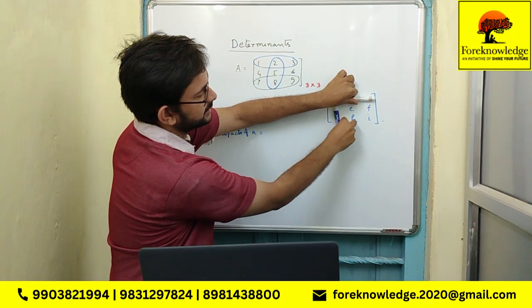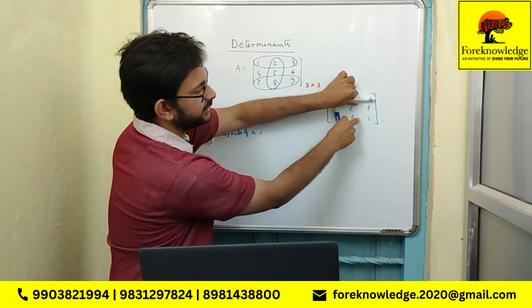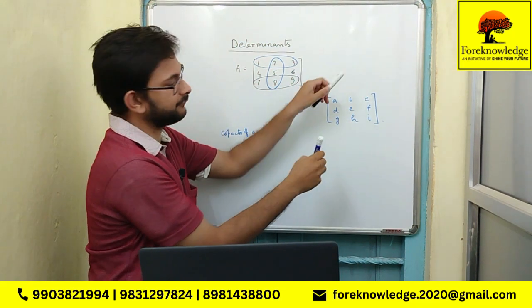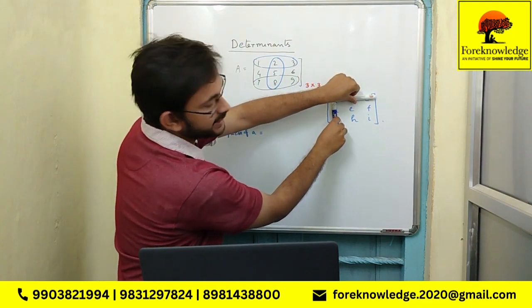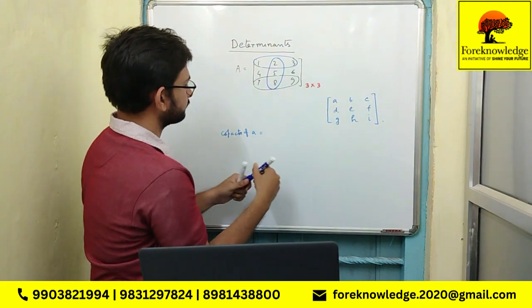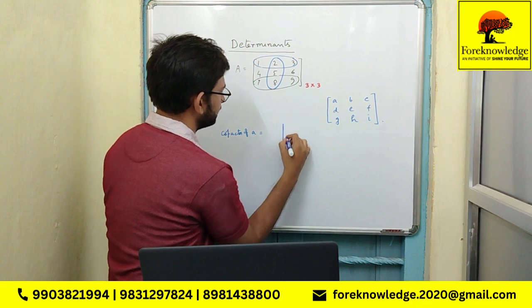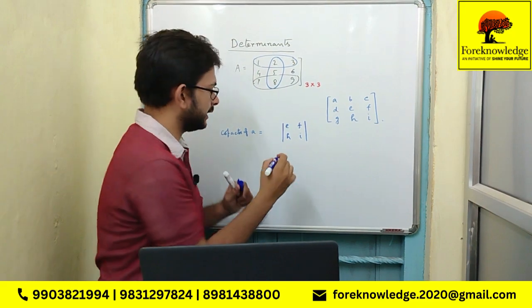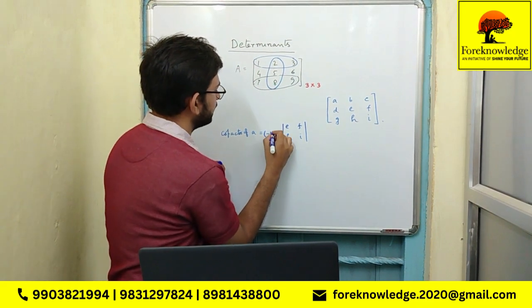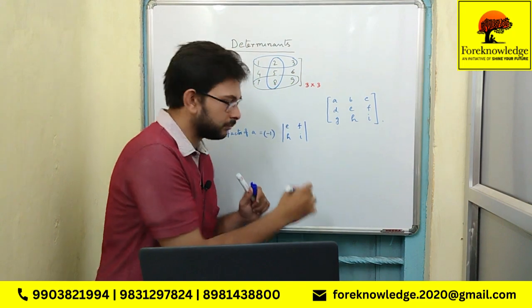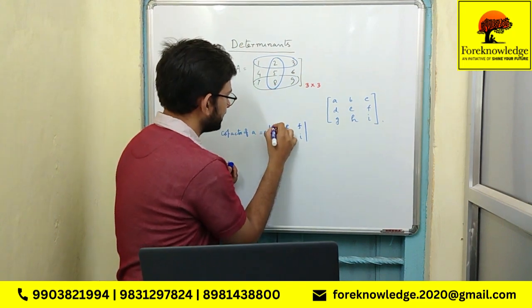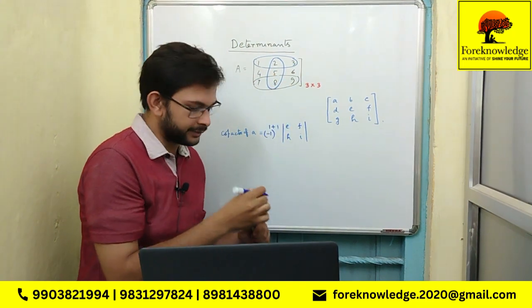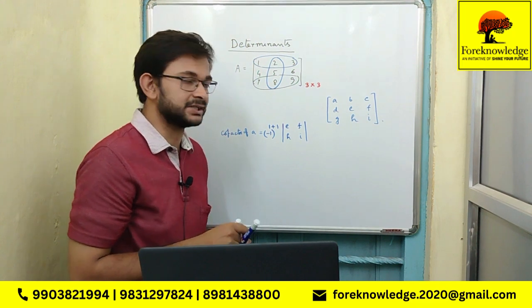Consider this subdeterminant E F H I. The leftover terms are E F H I. Along with that, minus 1 to the power of the row plus the column where the element is present.